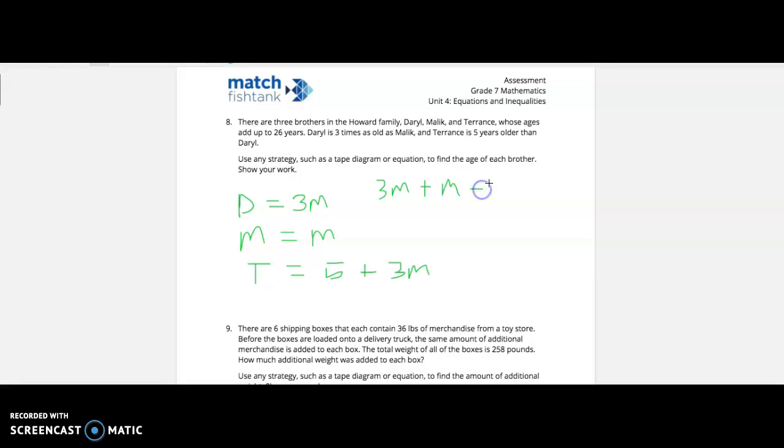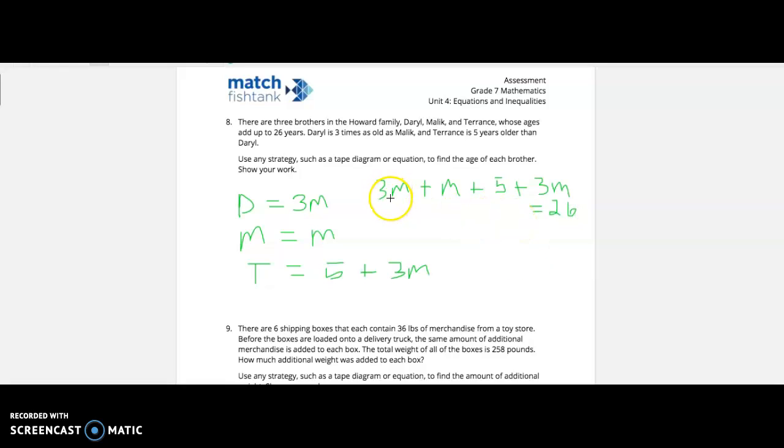plus 5 plus 3M. And we know that's all going to equal 26, because that's how old their ages are when you combine them together.